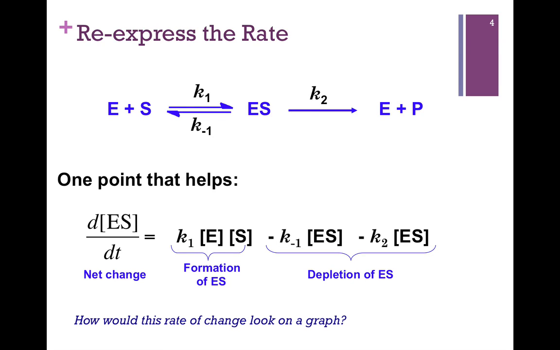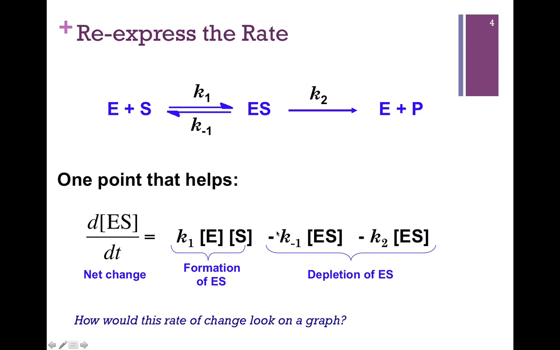That's the rate at which it forms. Once we form the enzyme substrate complex, we can go either left or right. We can decrease the concentration of ES simply because we dissociate substrate or because we make product, and so we need to include that in our expression as well.